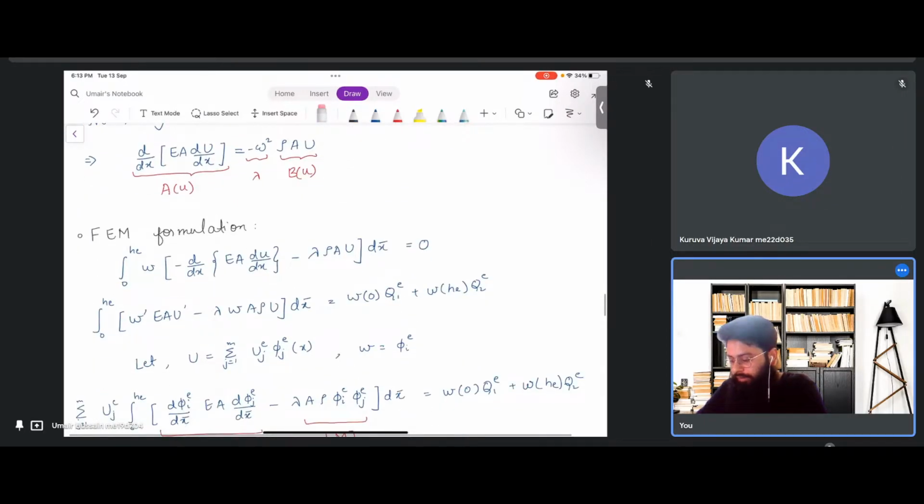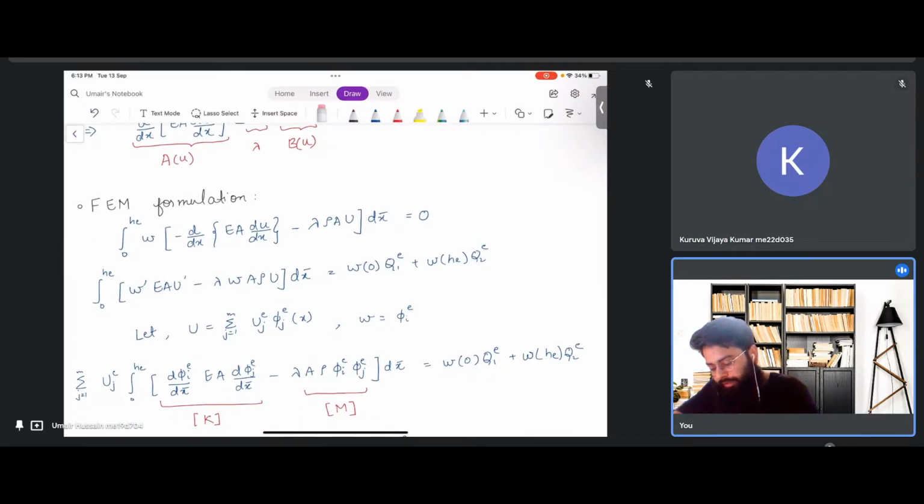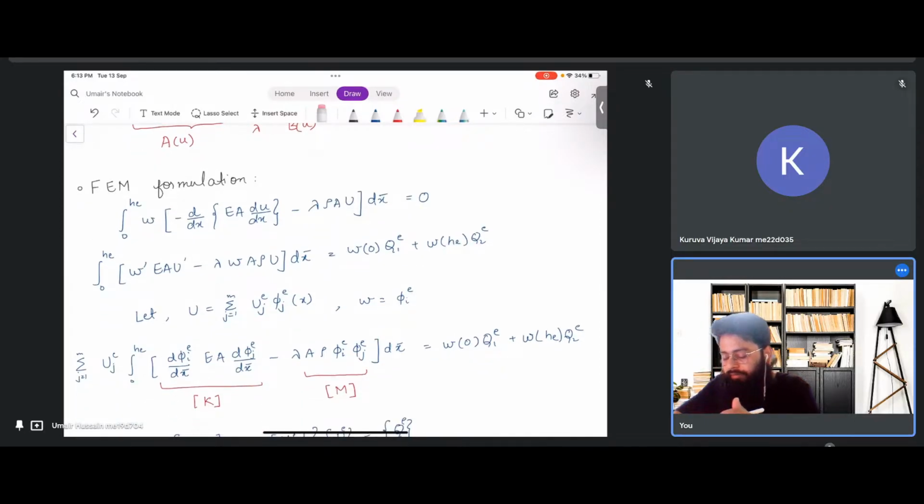Just like other problems, we can solve the eigenvalue problems using the finite element method. We can just take up the equation and get the weak form. So just like any other finite element problem, we proceed by getting the weak form of the system of equations.